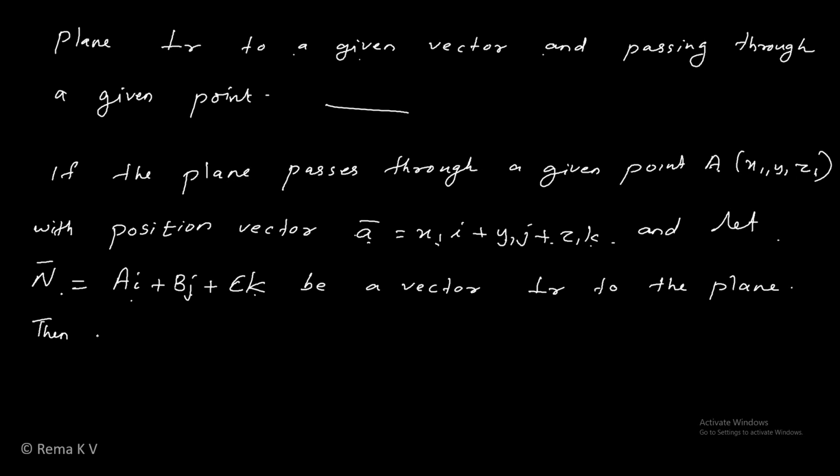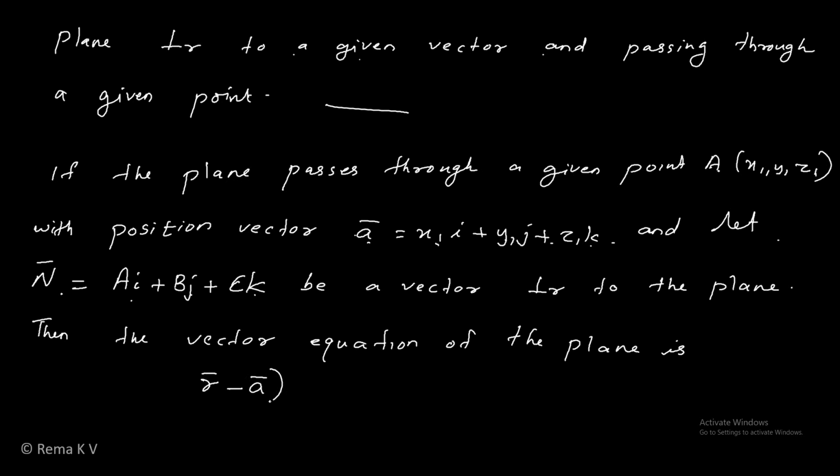Then the vector equation of the plane is given by (R minus vector A) dot vector n is equal to 0, where R is the position vector of any arbitrary point on the plane.